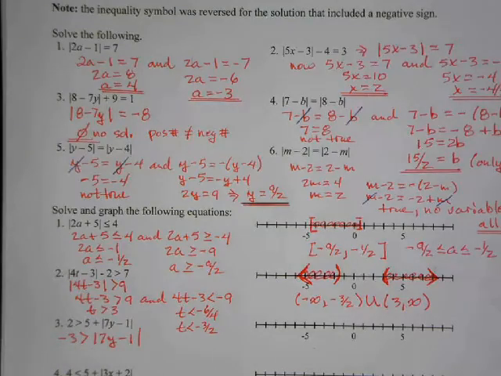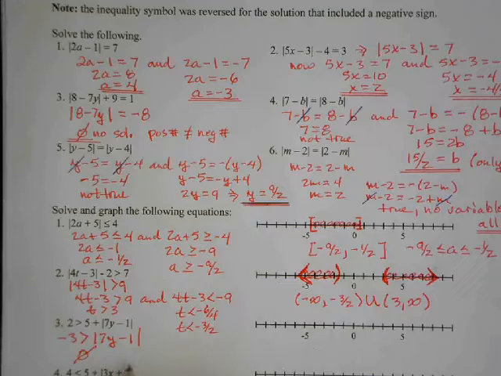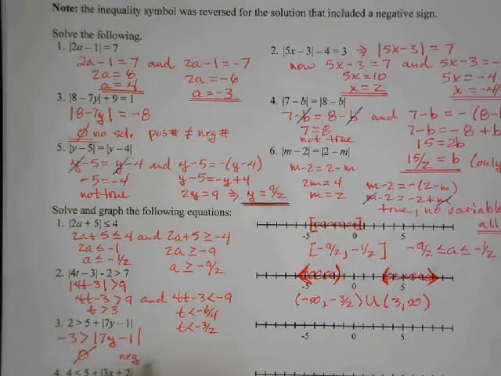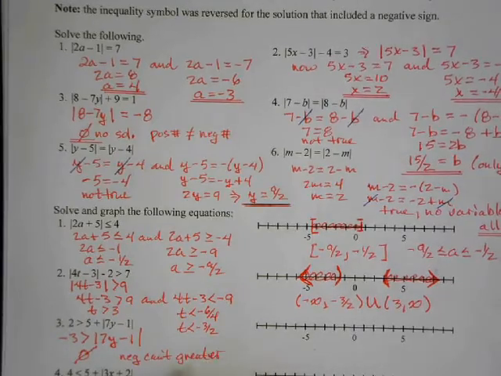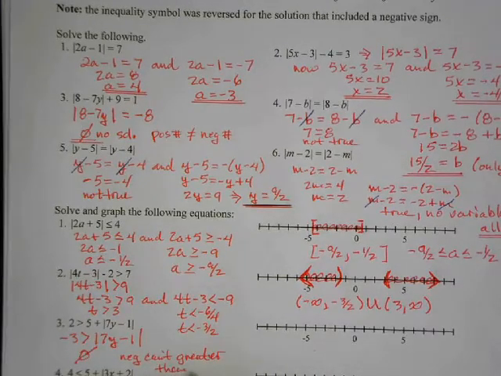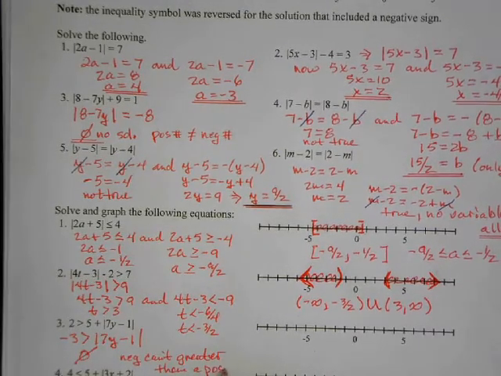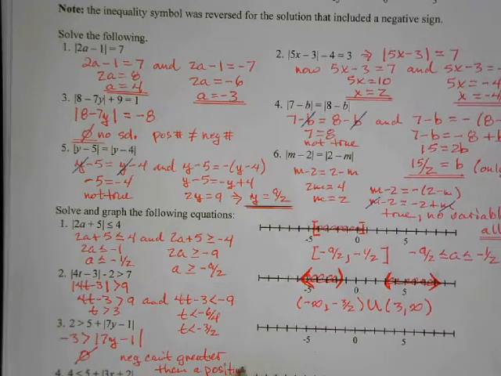This is a no solution. Why? Negative can't be greater than a positive. So we would have a problem there. So in this case, no graph.